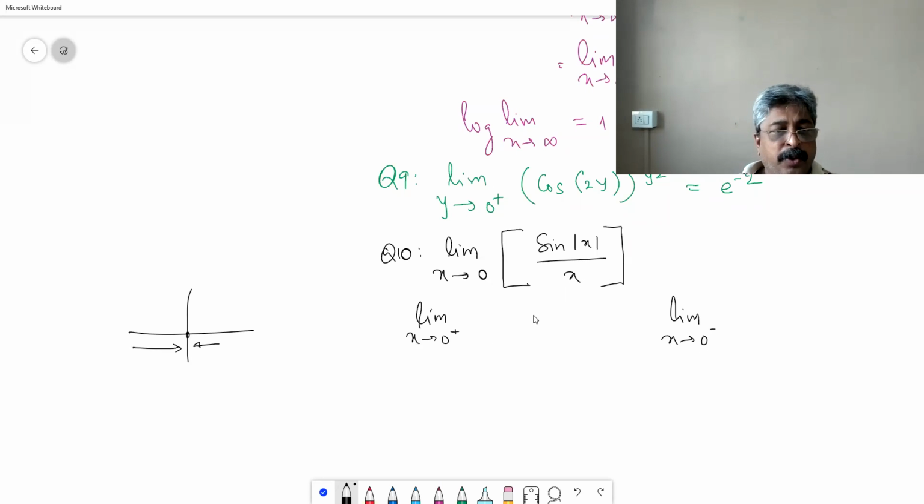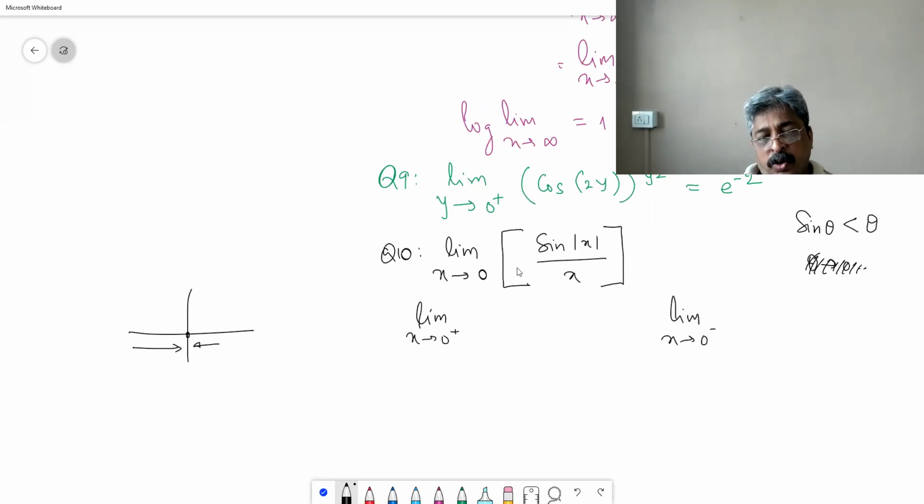Okay. Now we have proved earlier that sin theta is less than theta, correct, as theta tends to 0. Sin theta is always less than theta, not necessarily as this.